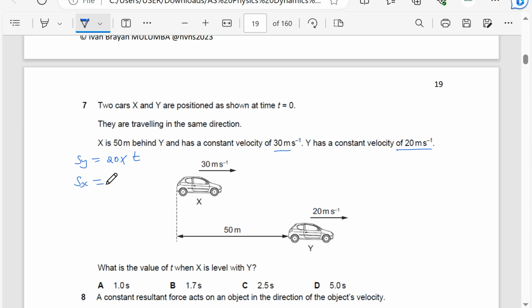Remember X is behind Y by a distance of 50 meters.